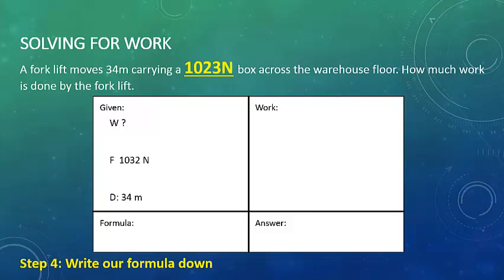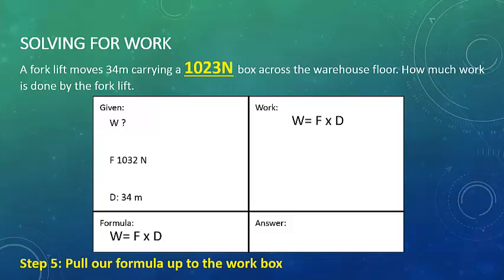Our formula, as we learned a couple slides ago, is W, work, equals the force, F, times the distance, D. Now that we got our formula written, we can pull it up into our work box, so this way it will be easier when we substitute our information.